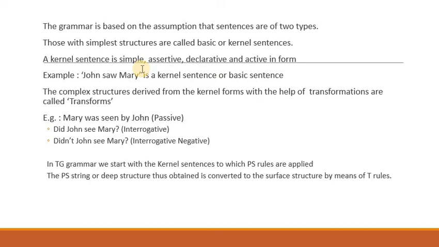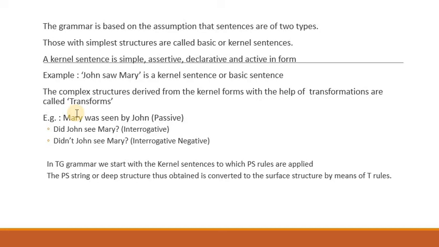But transformational generative grammar is based on the assumption that sentences are of two types. Those with simple structures are called basic or kernel sentences, and those with complex structures, which are derived from the basic or kernel sentences, are called transformations or transforms, right?